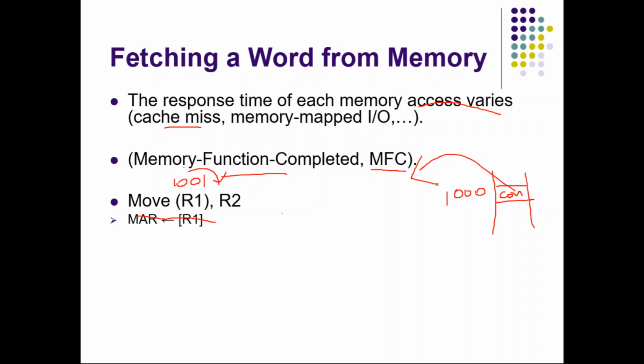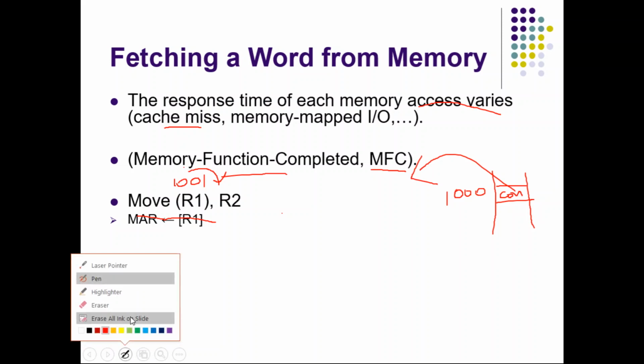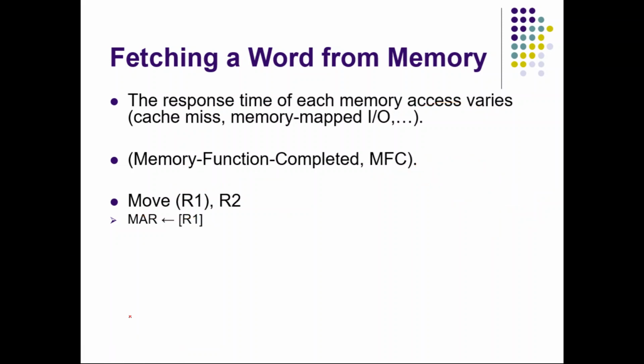These are the typical steps. This is not the actual flow, but these are the steps. The content of R1 will first be moved to MAR, because R1 contains the address from where the content should be read to R2.